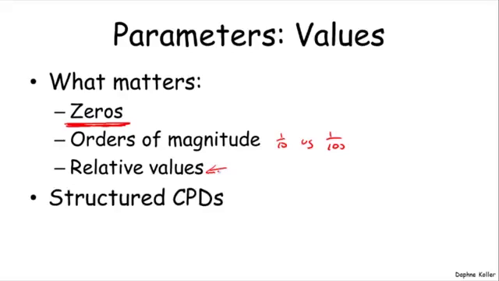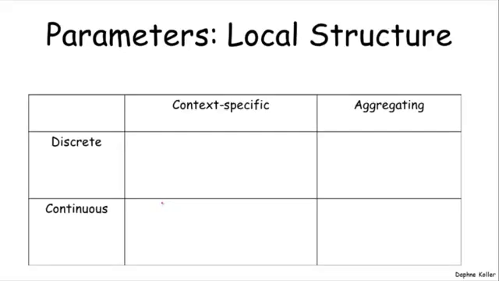Finally, conditional probability tables are actually quite rare, except in small applications. In most cases, one would use structured CPDs of the forms that we've discussed, as well as a variety of other forms. So let's talk a little bit about structured CPDs, because those are actually quite important. And we can break up the types of CPDs that we've talked about along two axes.